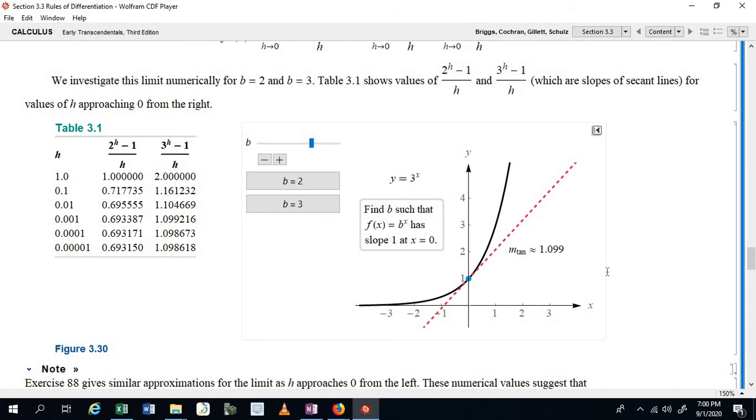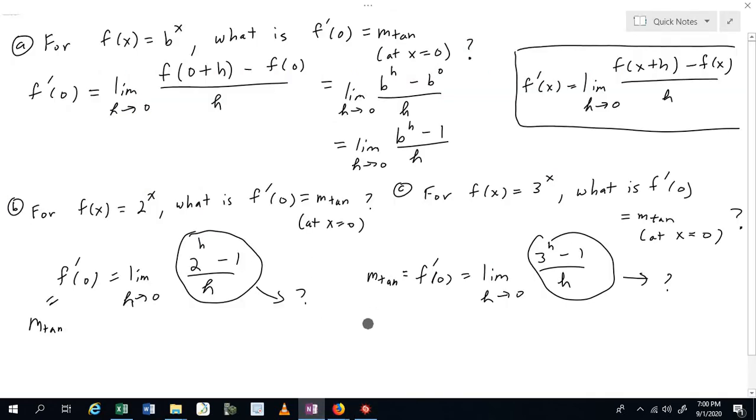Okay, and so here's what we're going to do. We're going to try to find some base where this limit, as h goes to 0, of (b^h - 1)/h, we're going to try to find out for what base this limit is equal to 1.